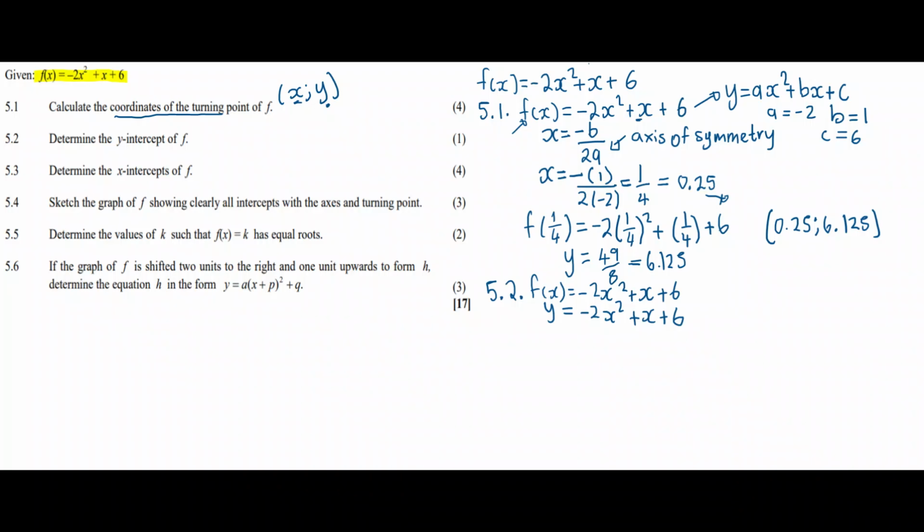Because we could be dealing with different functions next time, but for the sake of simplicity, we give them names, right? We name them so that we can differentiate them from one another. So let's now get the y-intercept. For the y-intercept, we would let the x value be 0.